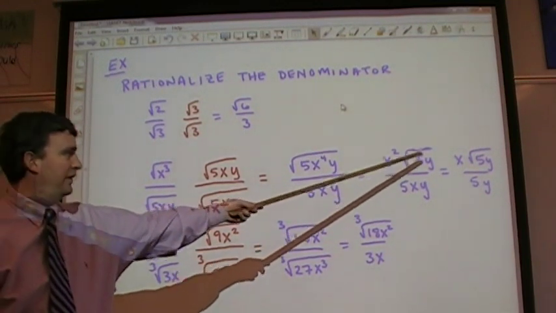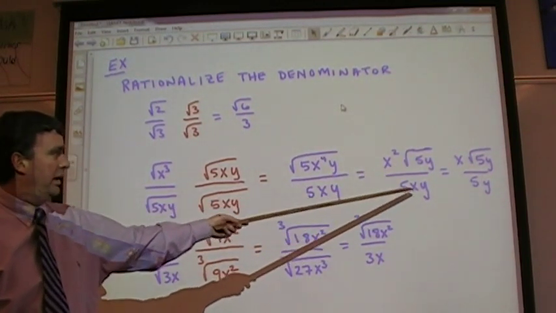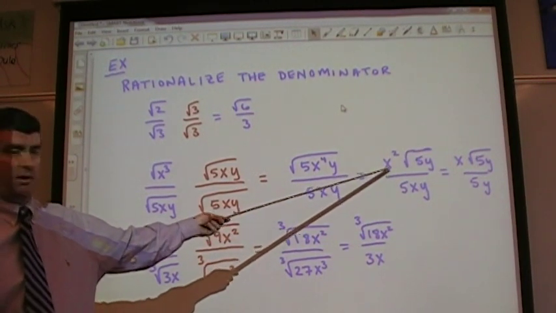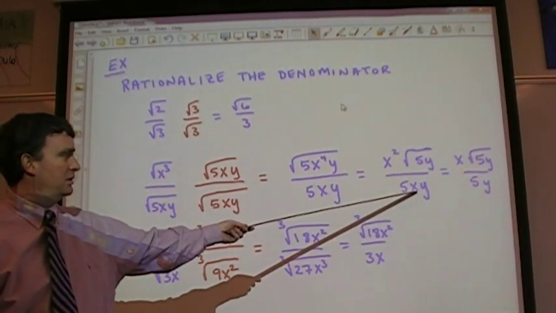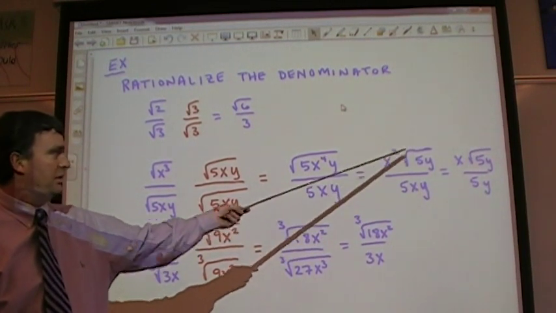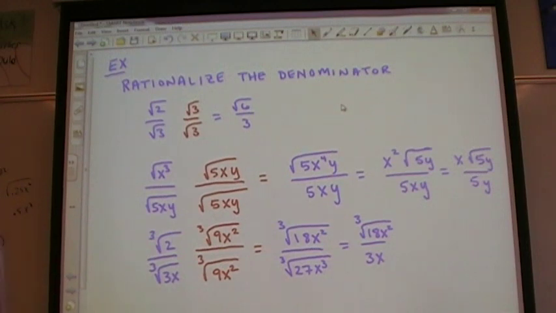And you're left with root 5y. And all that over 5xy. Then this x right here divides out with one of these x's, so I was left with x root 5y over 5y. Do not divide out the 5y's. Root 5y cannot divide out with plain 5y. Okay? Does that make sense?